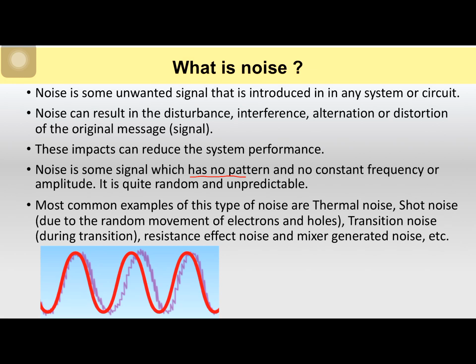The impact of the noise can reduce the performance of the communication system, or it can also reduce the accuracy of your signal. Okay, in general, the noise is some signal which has no pattern and no constant frequency or no constant amplitude. It is quite random or unpredictable. So that means the noise is very random.